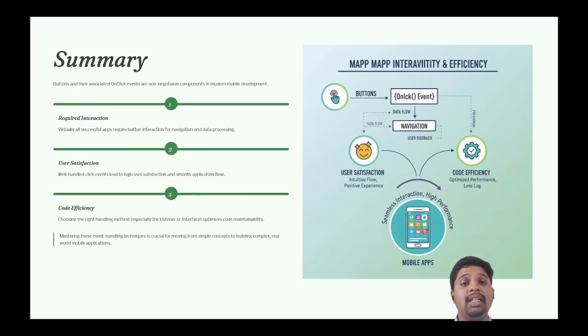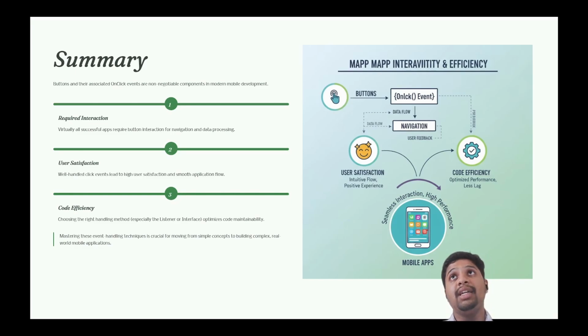Now let's quickly summarize what we have learned today. Buttons and onClick events are the core of Android interactivity. They make apps functional, responsive, and user-driven. We explored three ways to handle button clicks: using the XML attribute, using setOnClickListener, and implementing the View.OnClickListener interface.